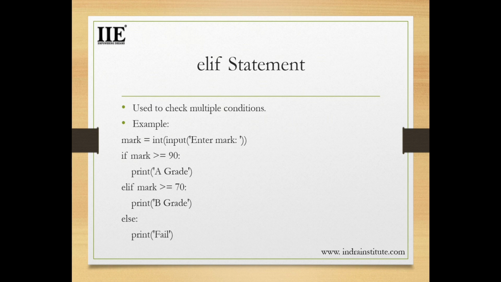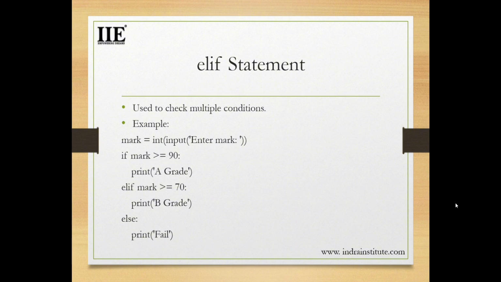Elif stands for else if. It is used when we have multiple conditions. Here, if mark is 90 or above, result is A grade. If mark is 70 or above, the result is B grade. Otherwise, fail.